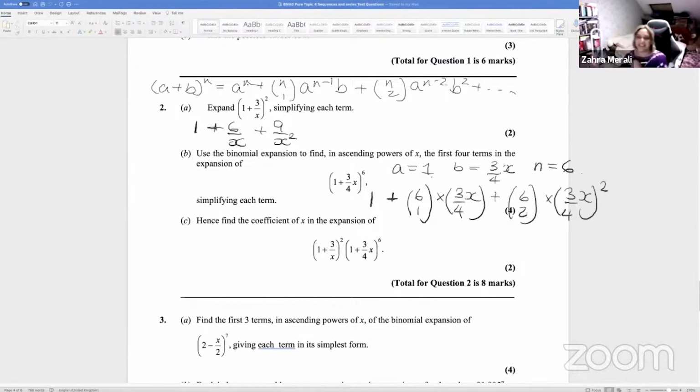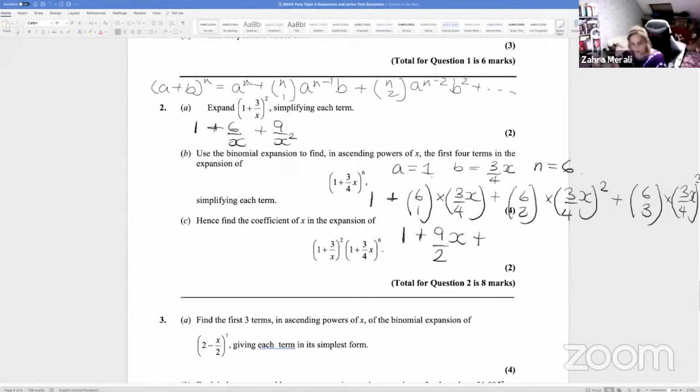So if there's a 1, it makes it easier. You can almost like ignore it. 6, 3 times by 3/4 x cubed. Right, so we're going to do 6c1 in our calculator, which gives us 6, times by 3/4, and all in your calculator, which is going to give you 9/2.